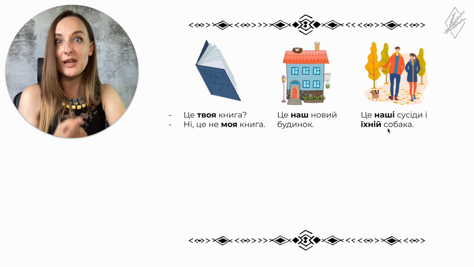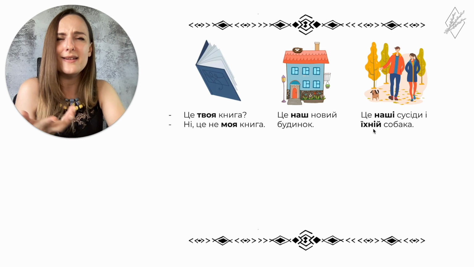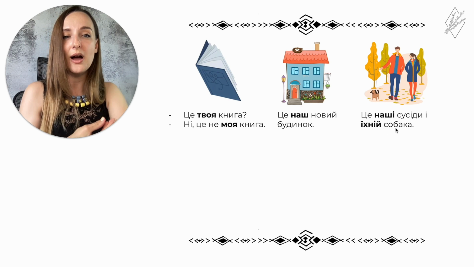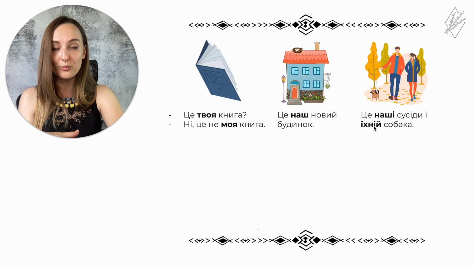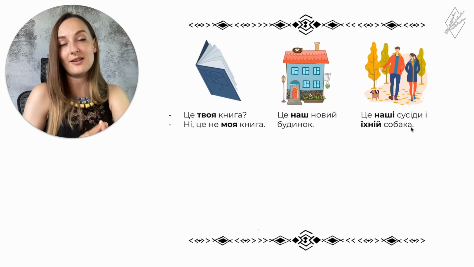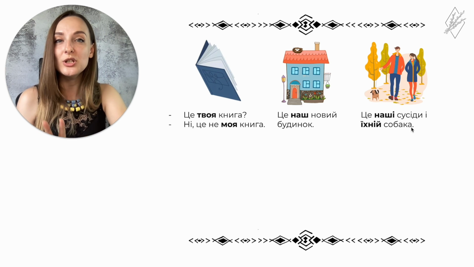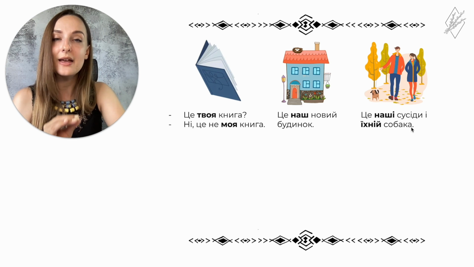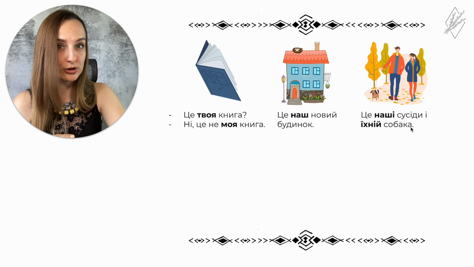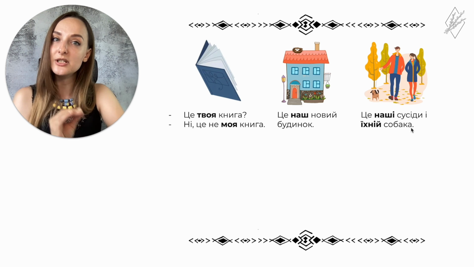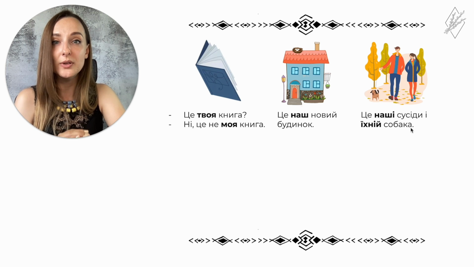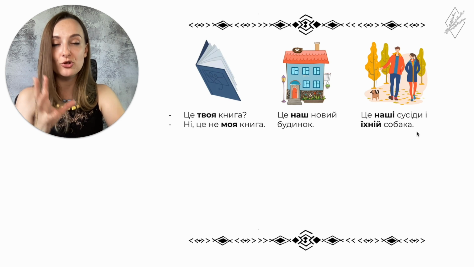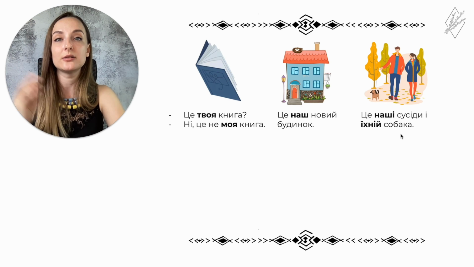And here you may ask me, okay, Nika, why їхній собака you use in masculine form? If собака has ending a. You need to know that собака is an exception in Ukrainian, and even despite the ending a, it will be masculine word. So in the literary Ukrainian, собака is masculine word.